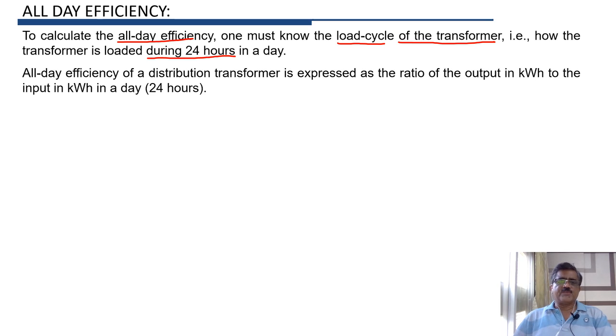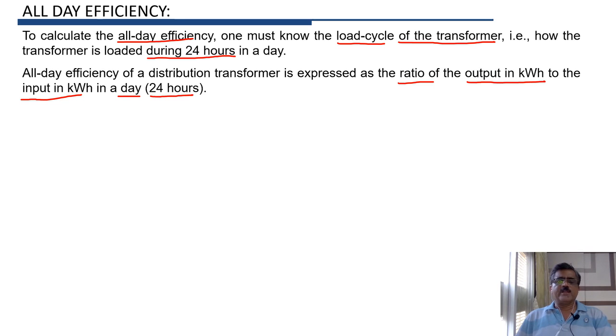This all day efficiency of distribution transformer can be defined as the ratio of output in kWh, that is output in kilowatt hour, to the input in kilowatt hour. Again, during a period of 1 day, that is during a period of 24 hours.